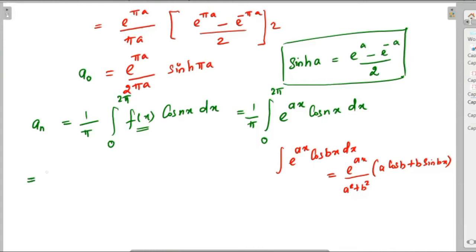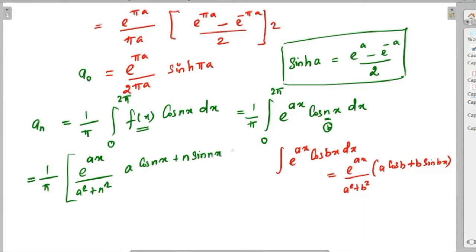So which is equal to 1 by pi into, instead of this integration, I'm going to apply e power ax divided by a square plus, so here b is nothing but n, so n square, a cos nx plus n sin nx, upper limit and lower limit.